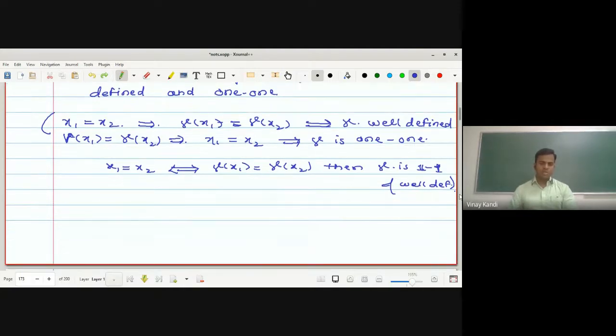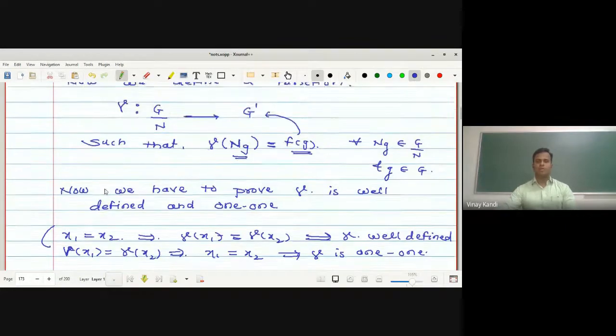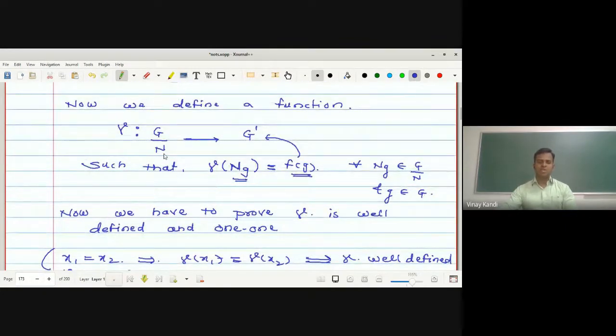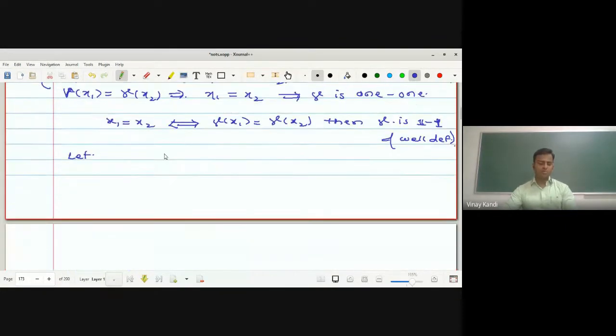Now let us take any two elements x1 and x2 belonging to G by n. But in the set G by n, every element is of the form what? N G1. Okay, so let n G1 is equal to n G2, where G1 and G2 are the two elements belonging to group G. Okay, so this implies and implied by post multiplying G2 inverse.